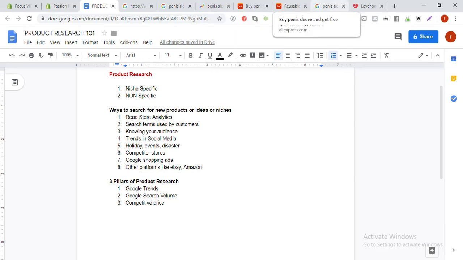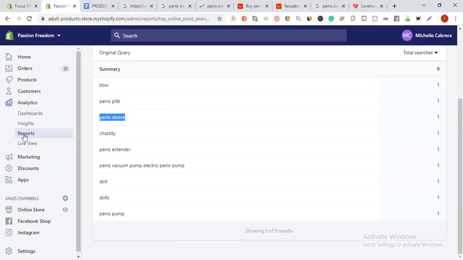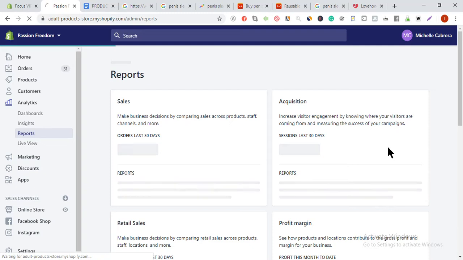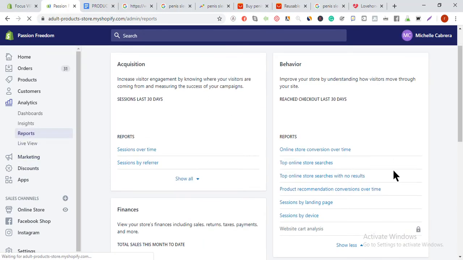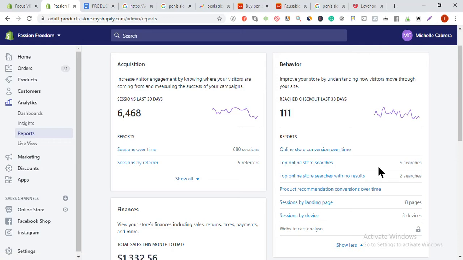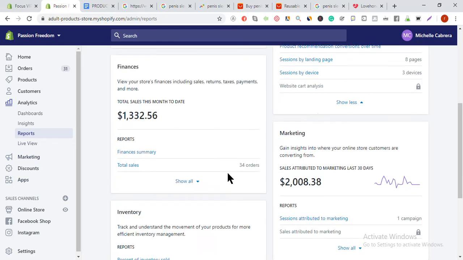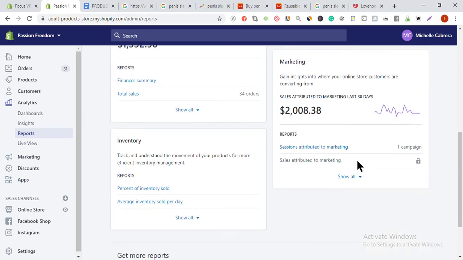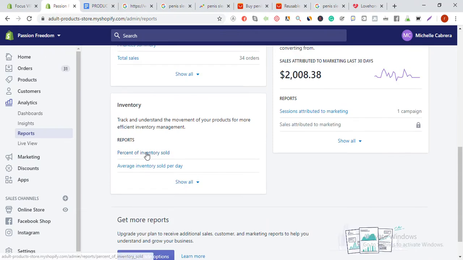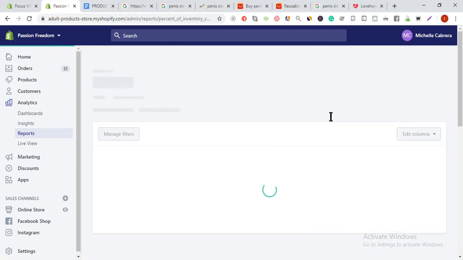If you're going to reports, you can also go for, hold on, online store conversion, no, the searches, that's what we did earlier, right? You can also go to sales. Hold on, let me find that. That one. Percent of inventory sold. Here, you can check this out as well.